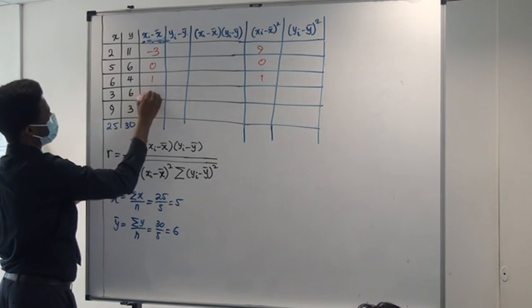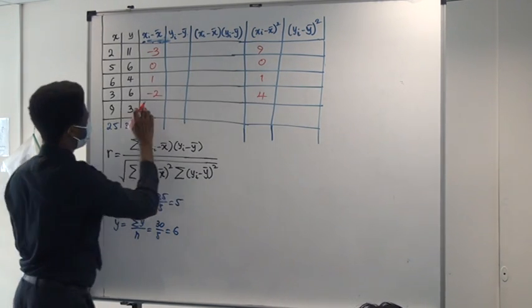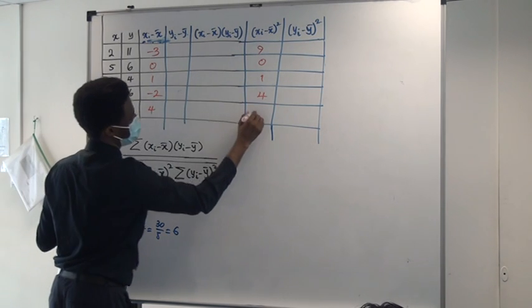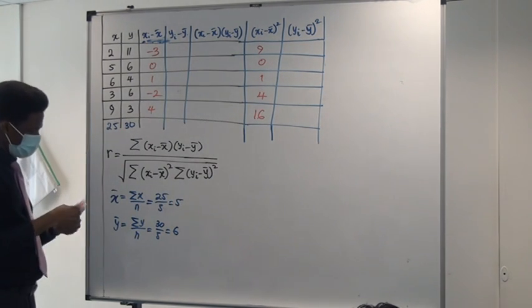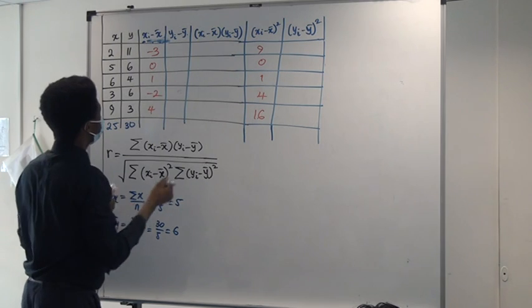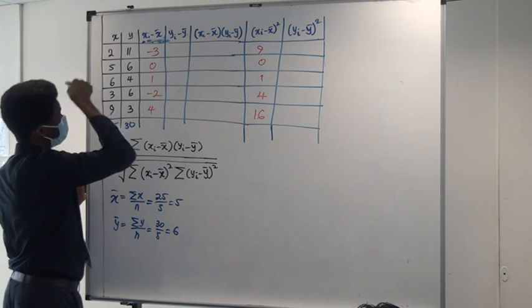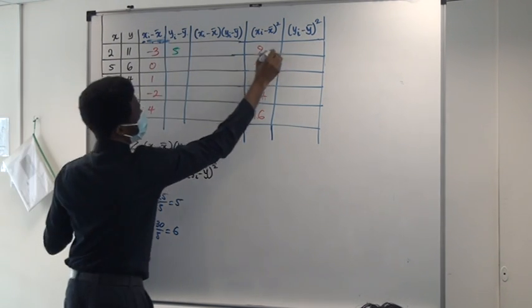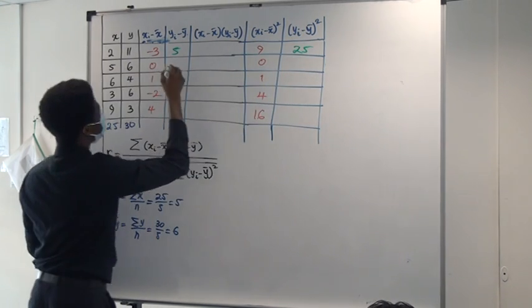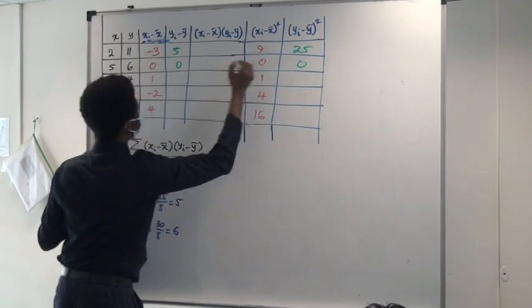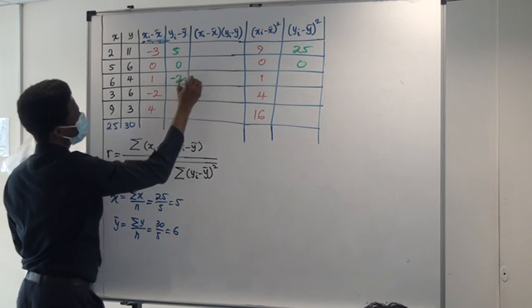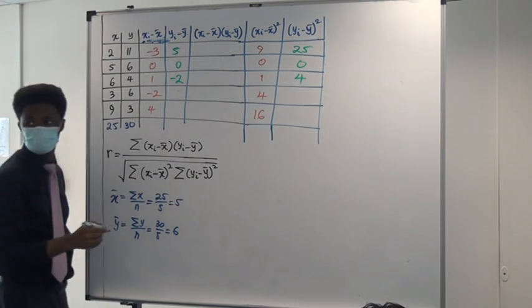This? -2, 4, 16. Okay, let's talk about y bar. yi minus y bar, yes? 5, 25, 0, 0, -2, 4, 0.